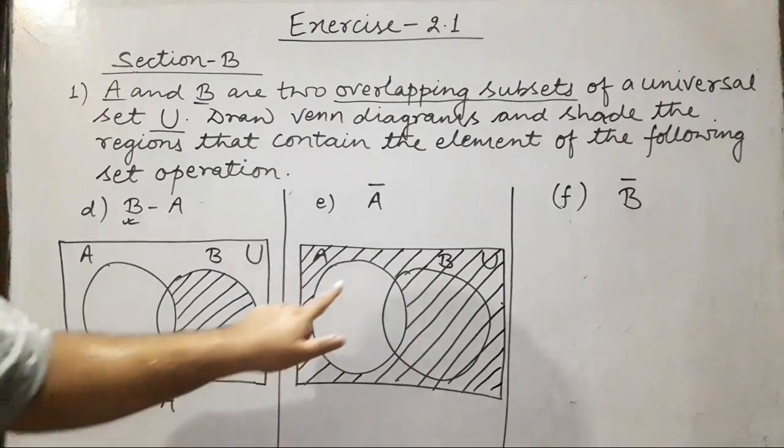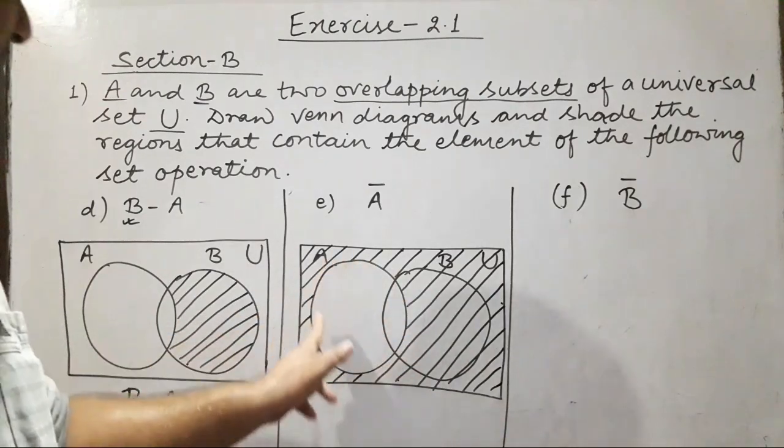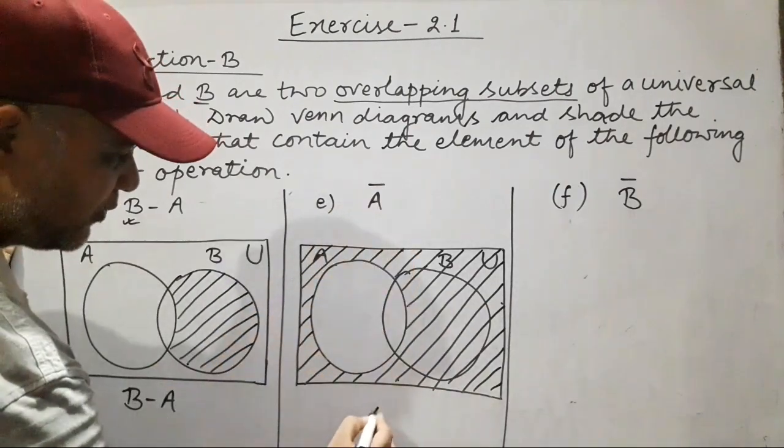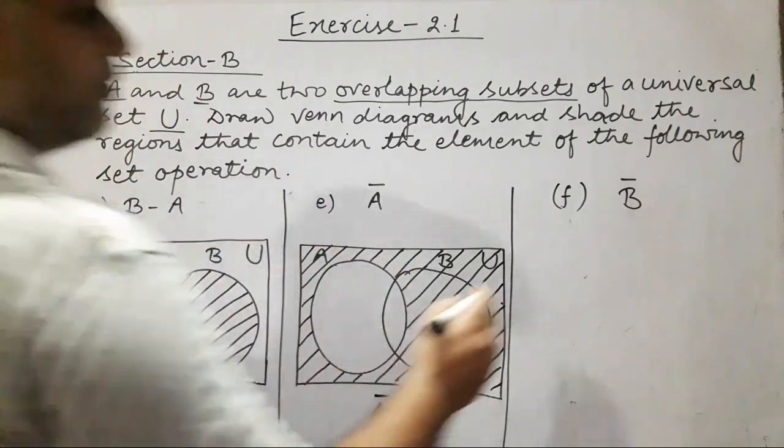See here, I have not touched this A part. That means this set A should not be shaded, since it is A complement, meaning the elements which do not lie in set A.